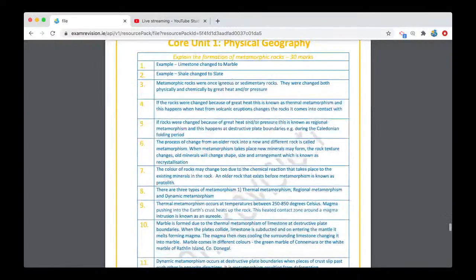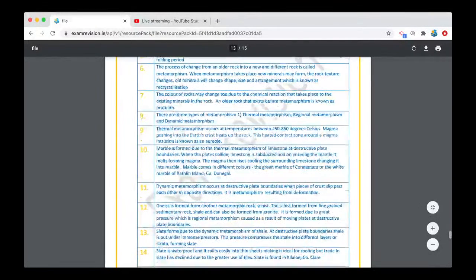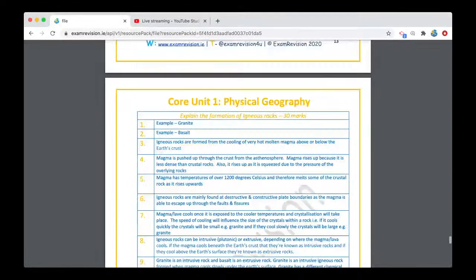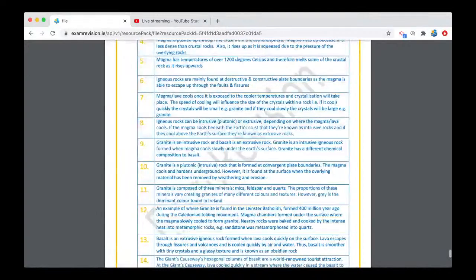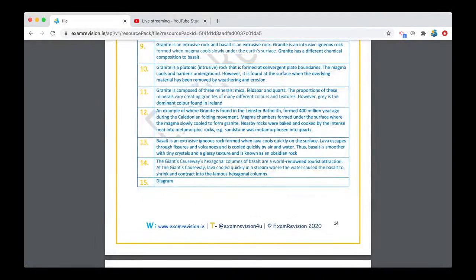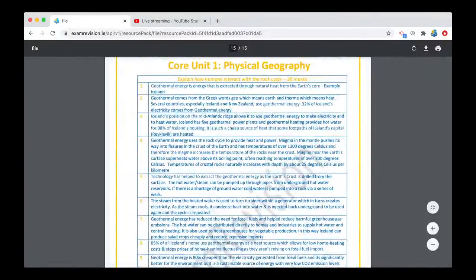You can see an example H1 standard answer for the metamorphic, then we've got our igneous. So the sample answers, if you don't want to write them yourself, here they are. You can have these. And this is then how humans interact with the rock cycle.